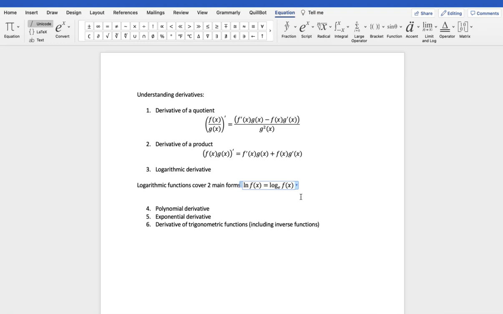You know what the value of e is. I believe it's 2 point something. So that's a specific case of logarithmic functions.